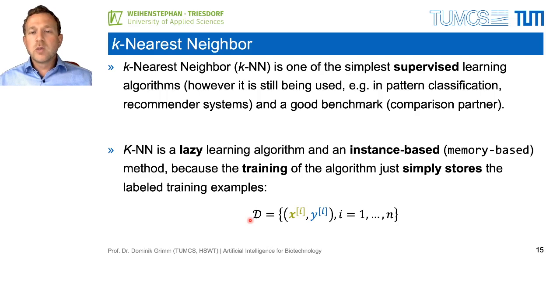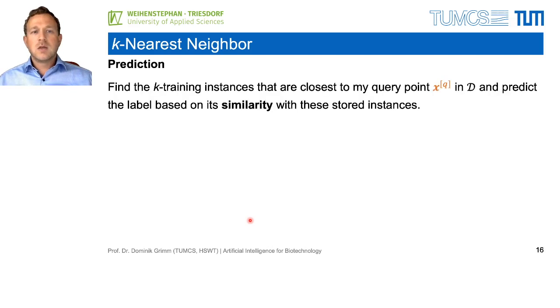So how do we do prediction if the training is so easy? The prediction is done as follows. We find the k training instances in my dataset D that are the closest to my query point x superscript q.